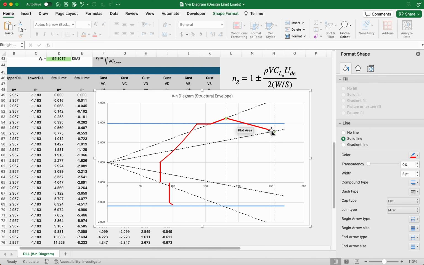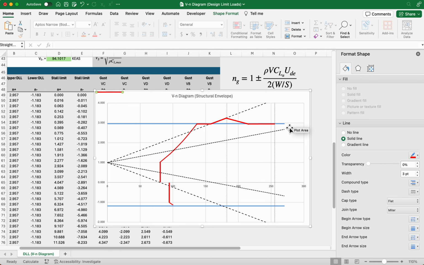This line that connects our gust lines at cruise and dive, or our maximum limit load factor. So in this case, beyond this intersection here, our load factor takes over. So we'll have this straight line intersect somewhere around here. And then it's going to follow our maximum load factor up to our dive speed.